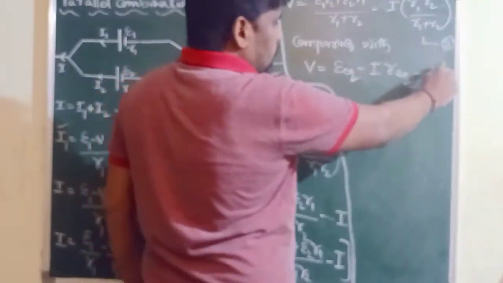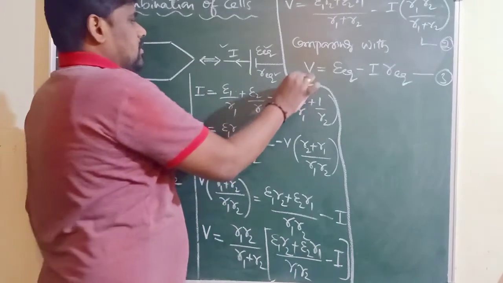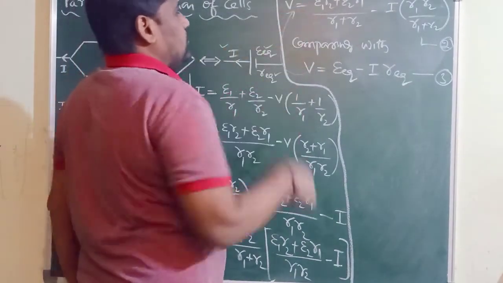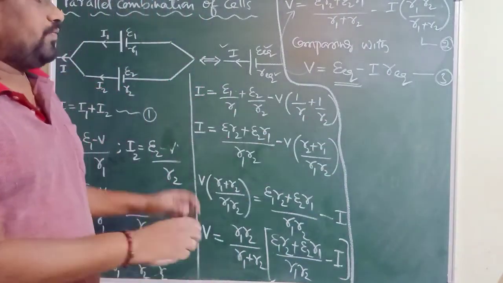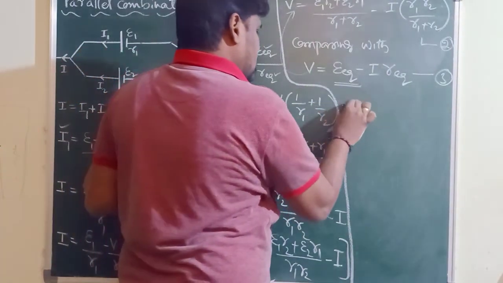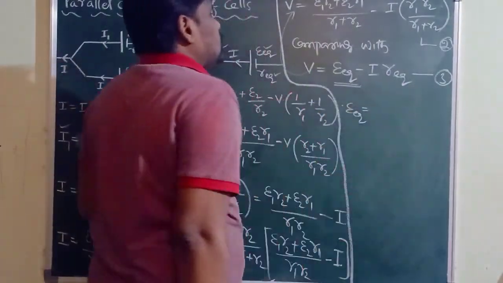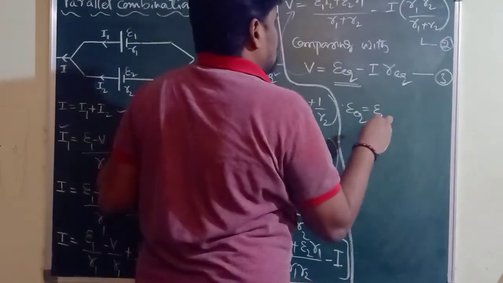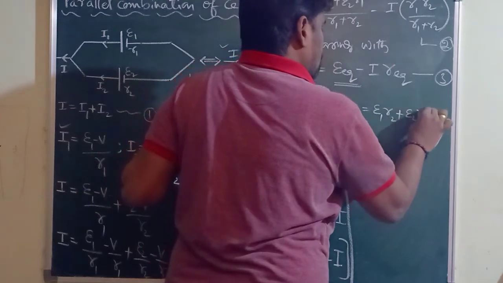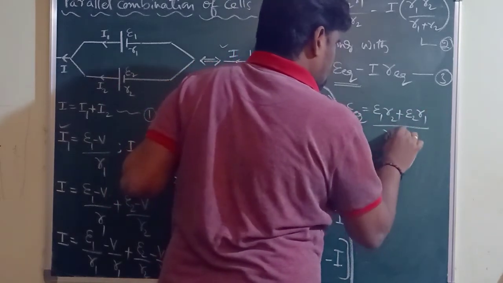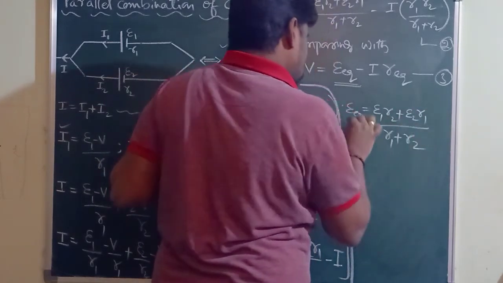If we compare equation 2 and 3, in the place of V we have V here, but in the place of E equivalent we have the other term. Therefore, E equivalent equals E1 R2 plus E2 R1 divided by R1 plus R2.